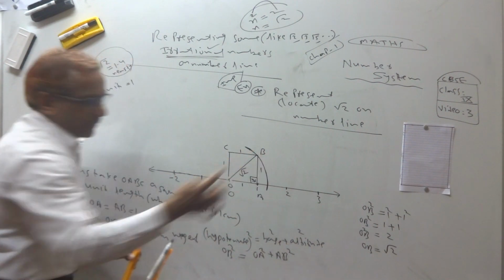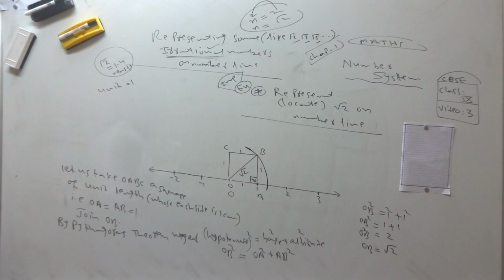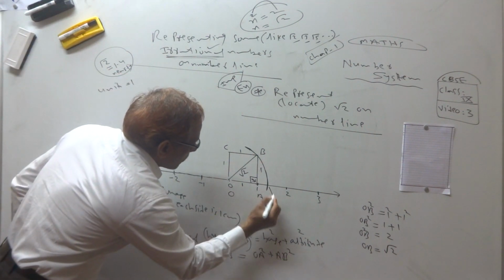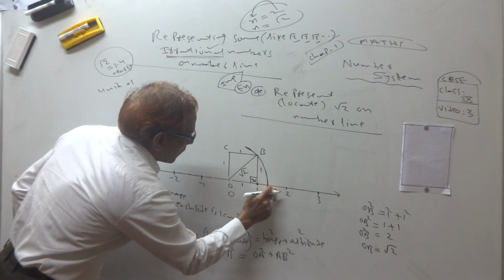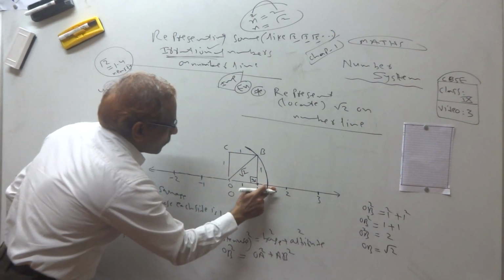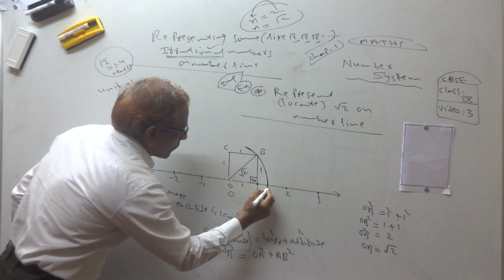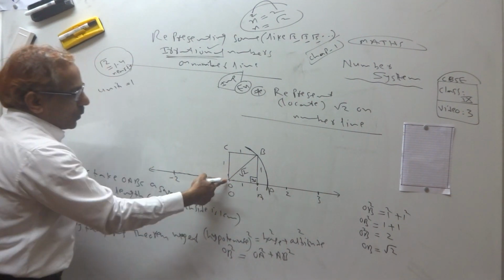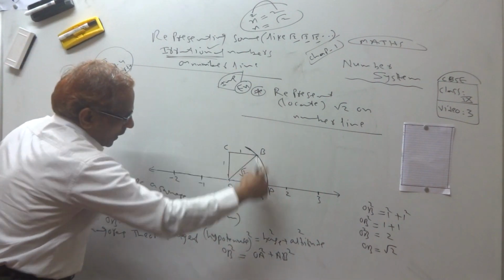We name this point P. What did we do here? Take O as center and OB as radius, and draw an arc.